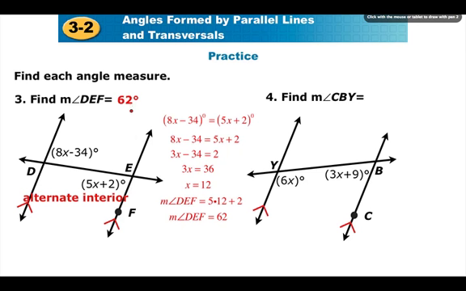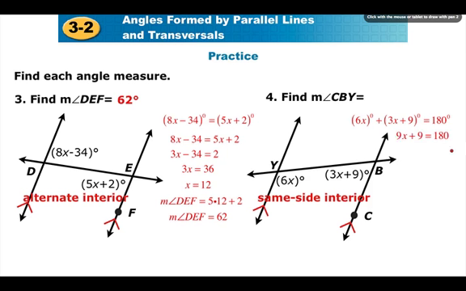Number 4. Again, parallel lines cut by a transversal, and these two angles are same side interior. If you notice the previous slides, they tell you that these angles are supplementary. So once you have this equation, again, you can drop the degree symbol, but you combine the 6x and the 3x.